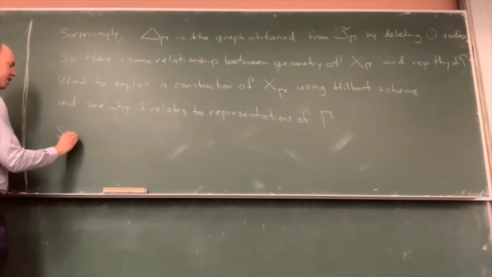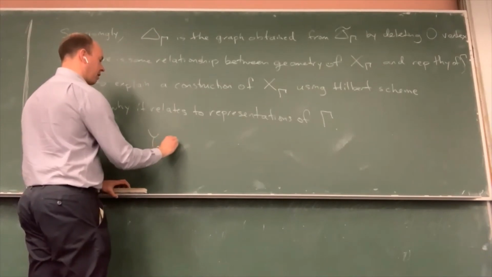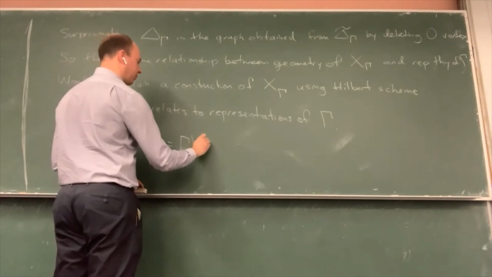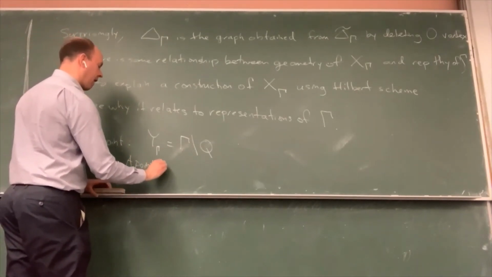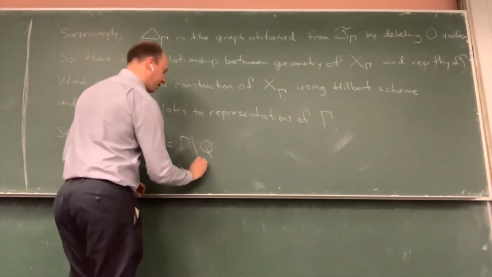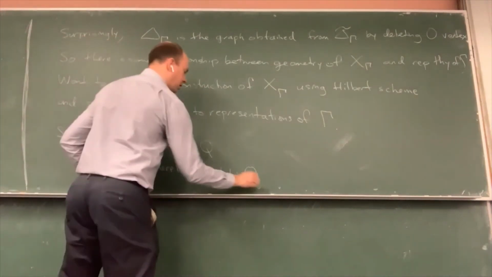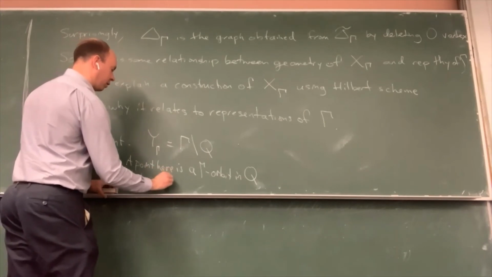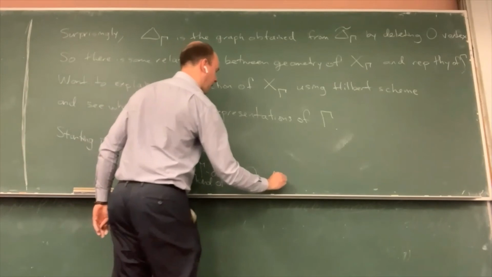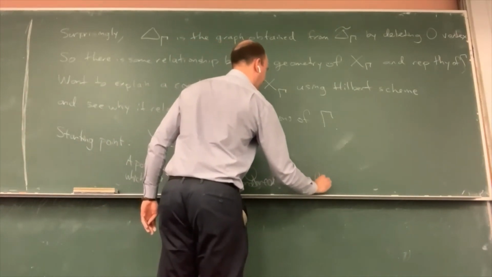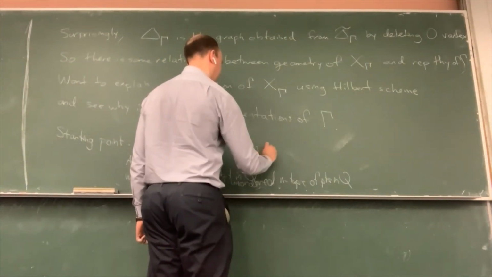The starting point for why there should be a relationship between X gamma and Hilbert schemes at all is that if you think about Y gamma, the quotient variety of the two-dimensional vector space Q by gamma, a point here is a gamma orbit in Q. So in particular, you can think of this as a special kind of unordered n-tuple of points in Q, where n is the order of gamma.